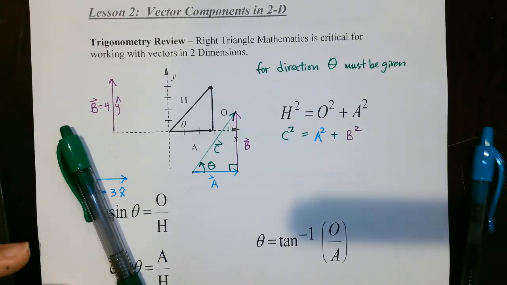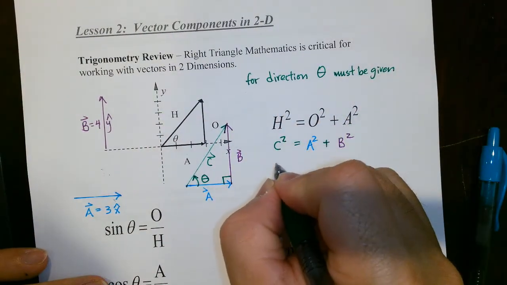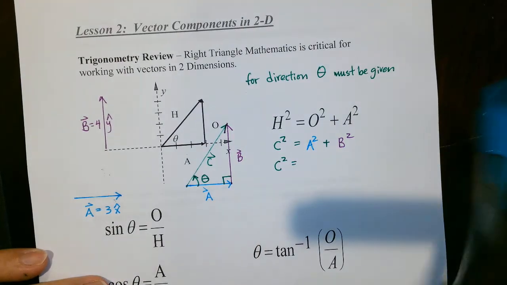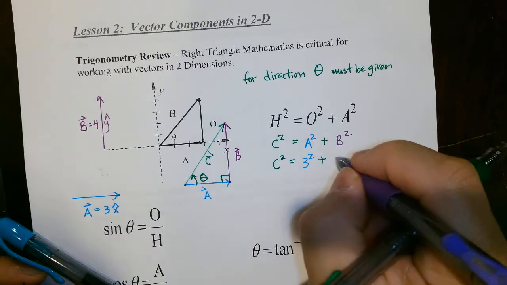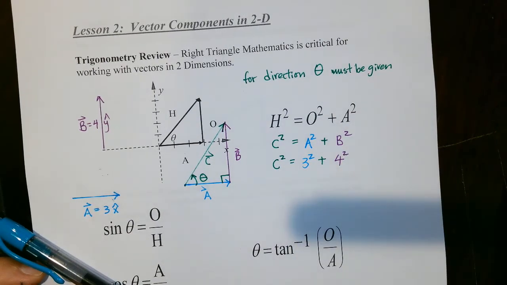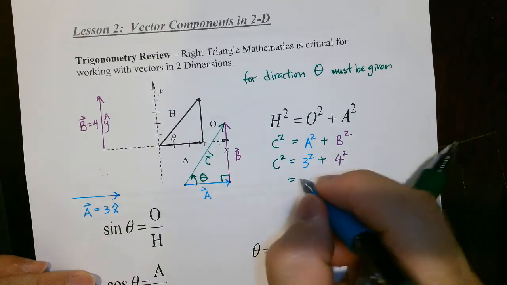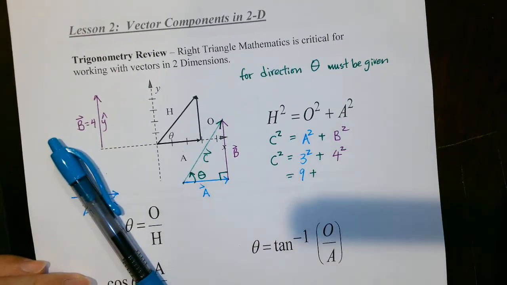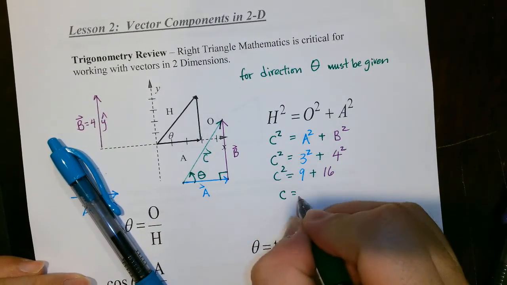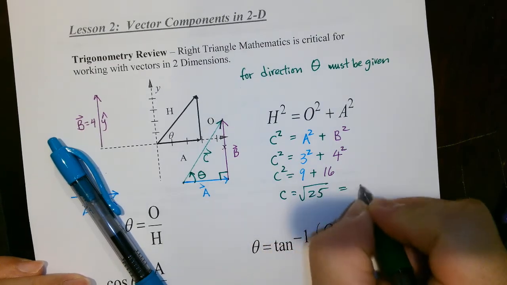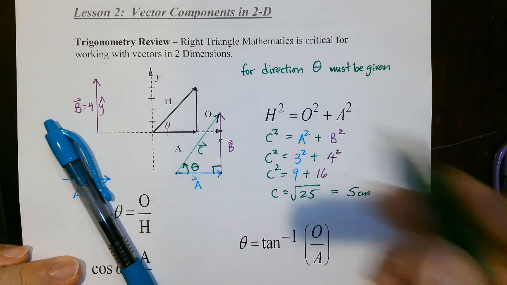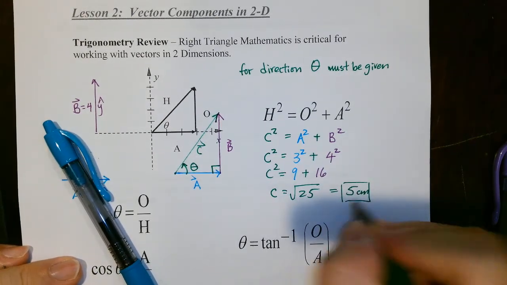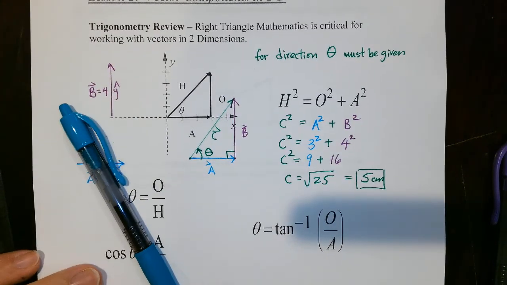To calculate the magnitude, c squared is equal to 3 squared plus 4 squared, which is 9 plus 16. That's my c squared, so c is equal to the square root of 25, which is 5. So the magnitude of c is 5 centimeters long, or 5 units long.